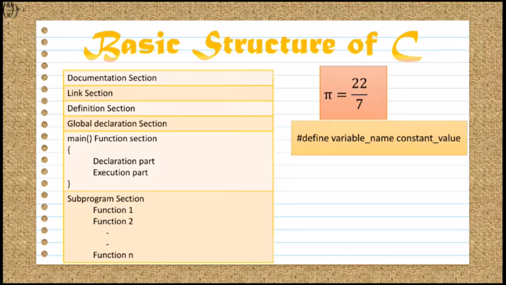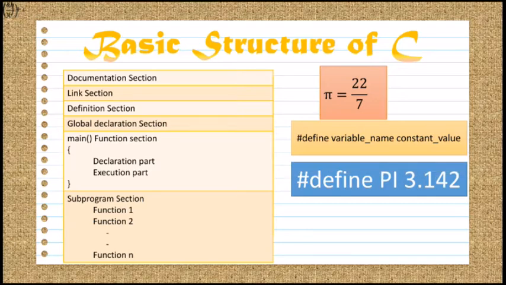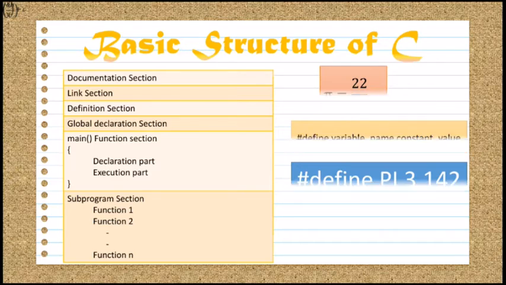For example, hash define space, then variable name, that is PI in capital, then space, and then value of pi, that is 3.142. So in this way we can declare symbolic constants in definition section.